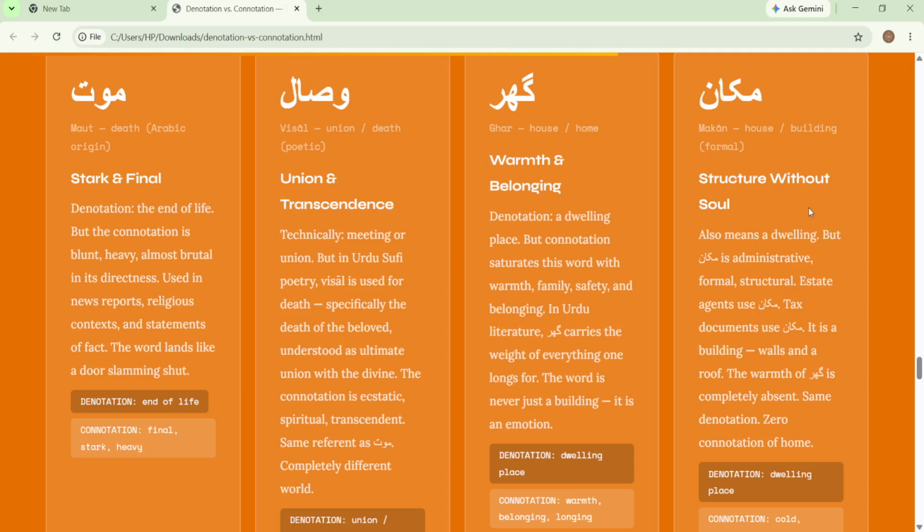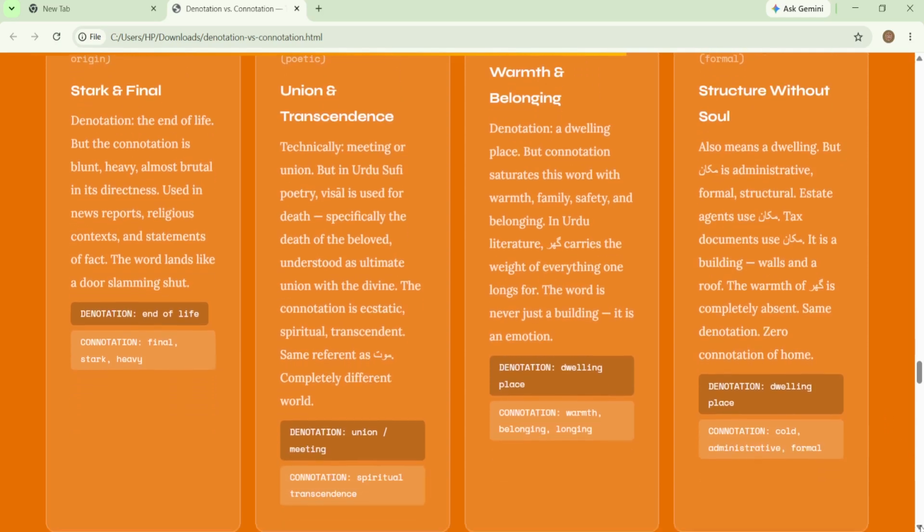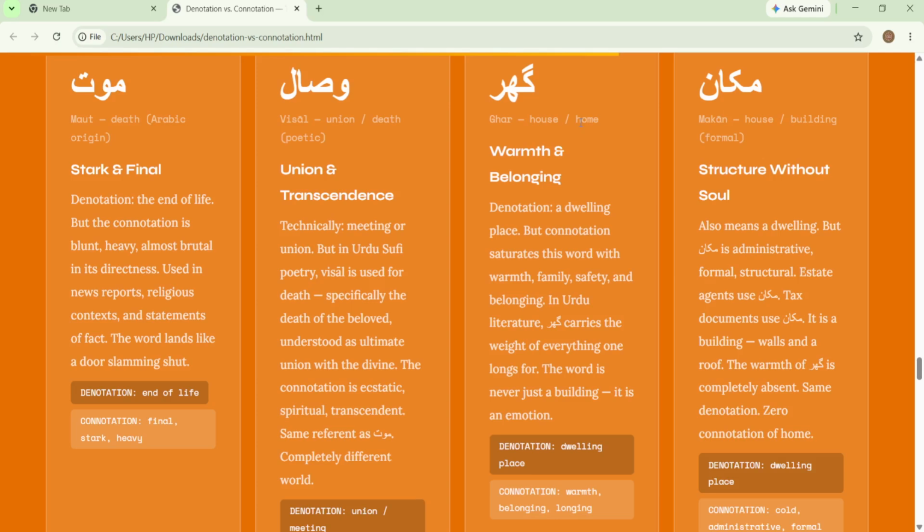It is administrative, formal, structural. State agents use Makan. Tax documents use Makan. It is a building with walls and a roof. The warmth of Ghar is completely absent here. Same denotation but zero connotation of home. So Ghar shows home, whereas Makan shows house. So that's how easy it is.